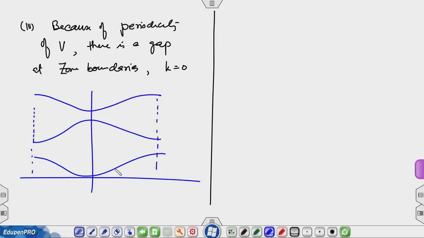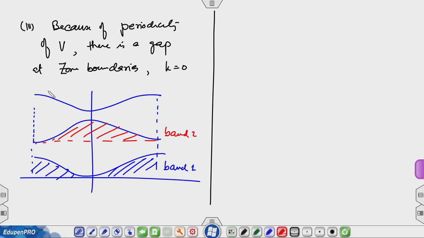So this whole thing is band 1, this whole thing is band 2, this whole thing is band 3, and they have arisen out of that free electron diagram.